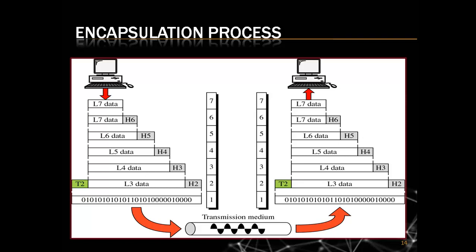Like layer 6 adds an H6 header, layer 5 adds an H5 header, and so on. On layer 2, H2 is added and one terminator is also added, that is T2, which shows that the data terminates here.